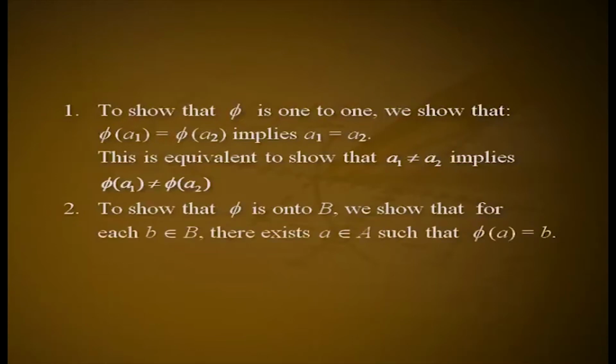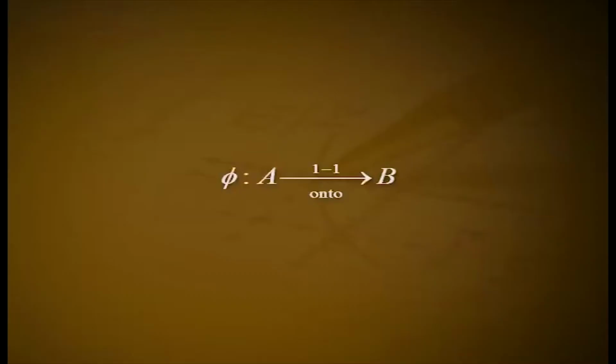To show that phi is onto B, we show that for each b in B, there exists a in A such that phi of a is equal to b. Definition. A function that is both one-to-one and onto is a bijection. If phi from A to B is one-to-one and onto, we denote it as follows.